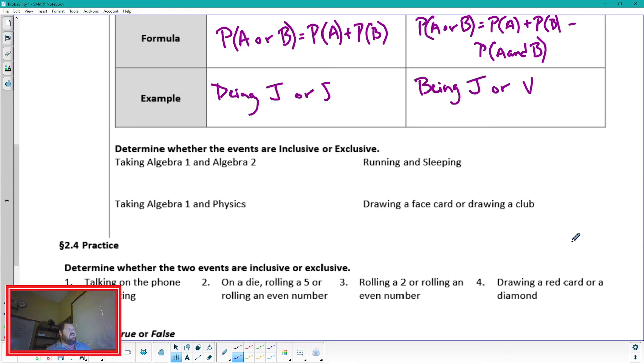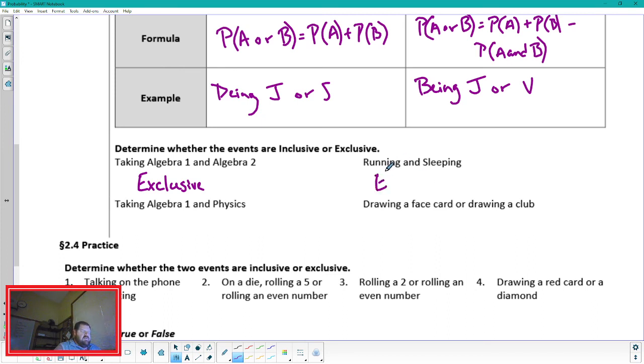Let's not overkill ourselves by trying to make everything inclusive. Okay, taking Algebra 1 and Algebra 2 is not that realistic. We would say that those are exclusive, because I've had students take Algebra 2 and Geometry at the same time, but not Algebra 1 and Algebra 2.